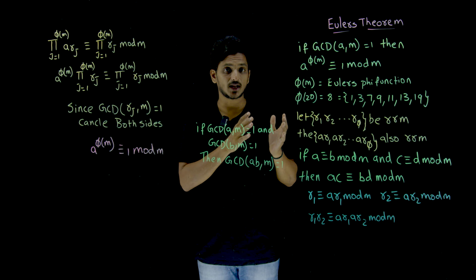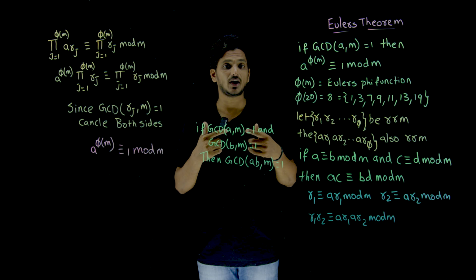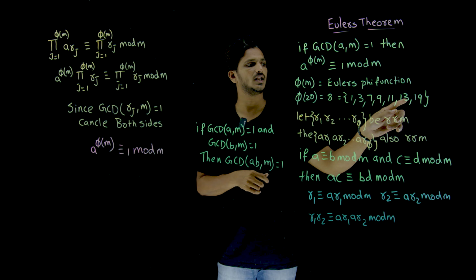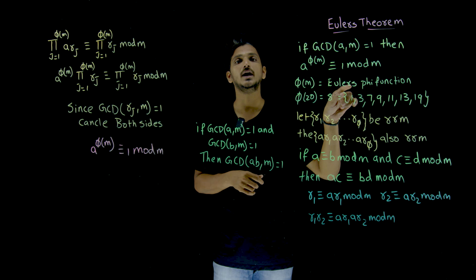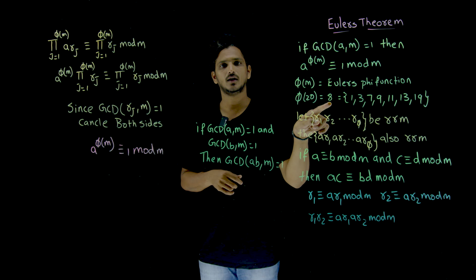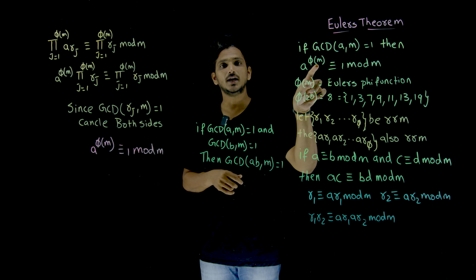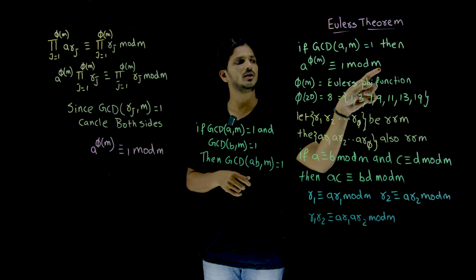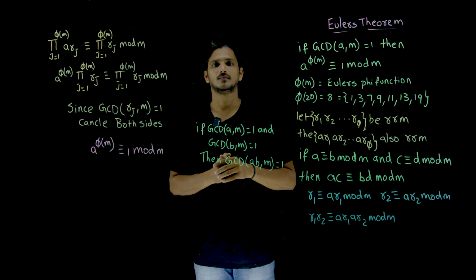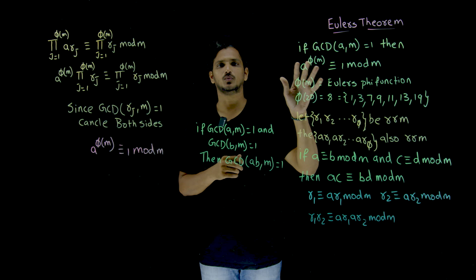The values that are less than 20 and their GCD value is equal to 1 with respect to 20. Means 1, 3, 7, 9, 11, 13, 19. How many values are there? 8 values are there. That is what Euler's phi function is going to provide. So A power 8 is congruent to 1 mod 20. This is what we need to show.